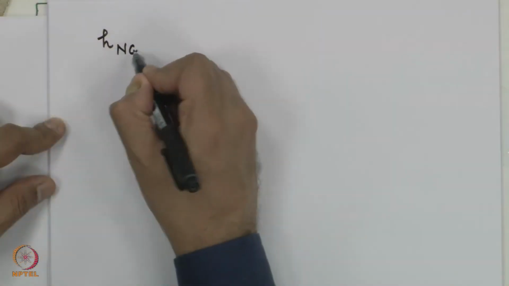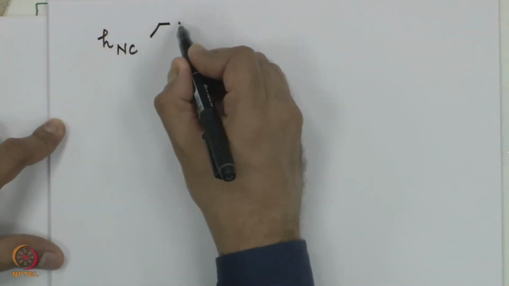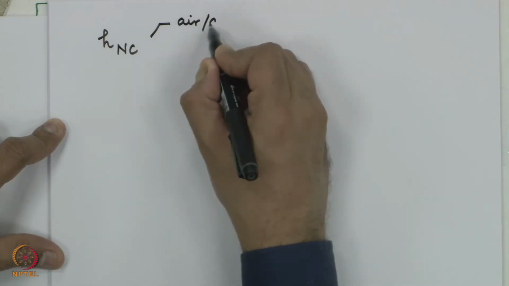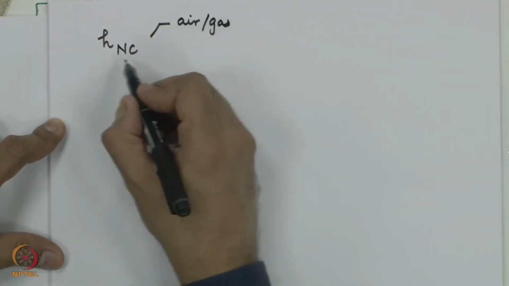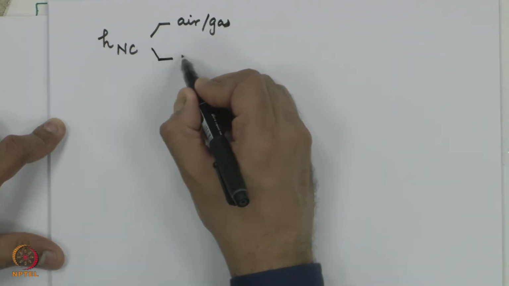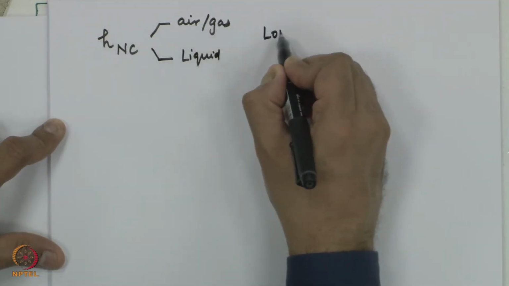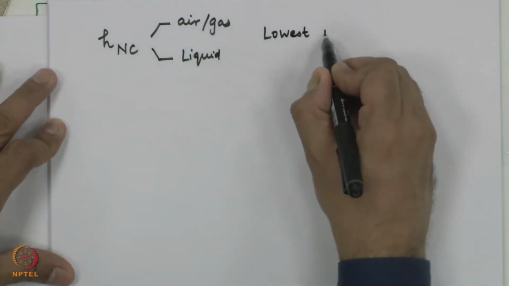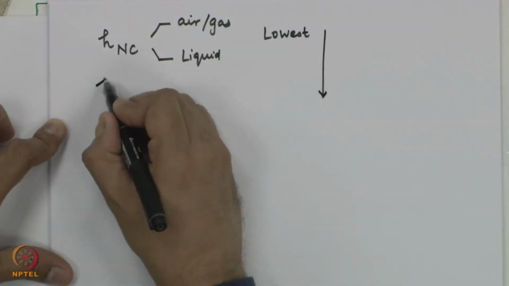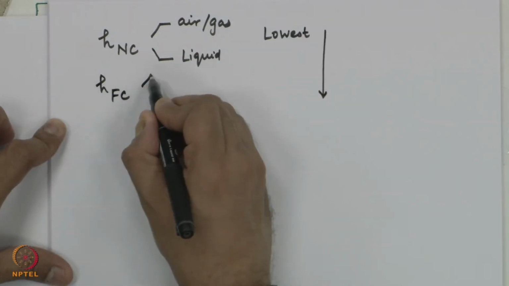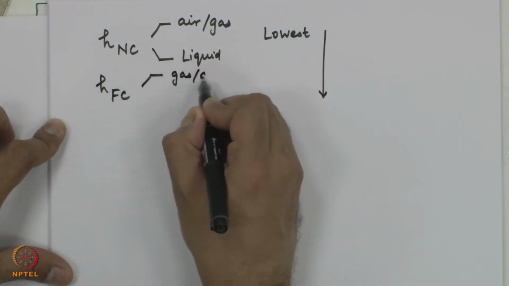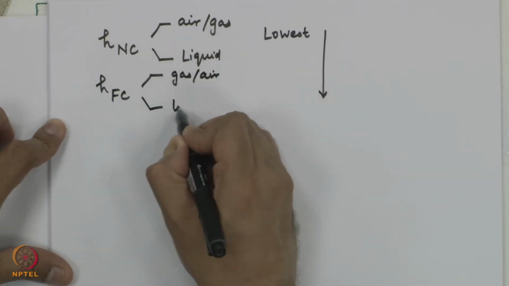If I were to classify this, the heat transfer coefficient for natural convection for gases or air would be the lowest. Then we would have for liquids. I am writing them in increasing order of H. H for forced convection, gases, air would be smaller than for liquid.